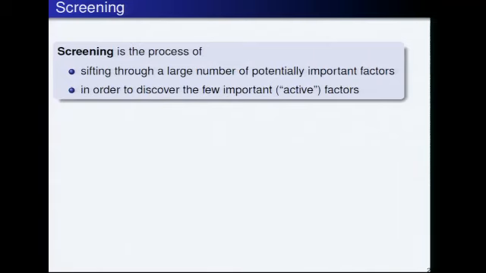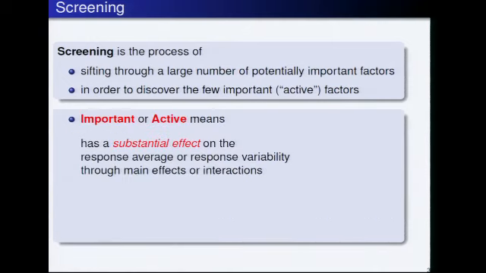Okay, so screening then is the process of sifting through a very large number of potentially important factors. And what you're trying to do is to discover the few important factors. Now, what I do mean is if a factor is important or active, it has a substantial effect on the response average or the response variability through main effects or interactions.